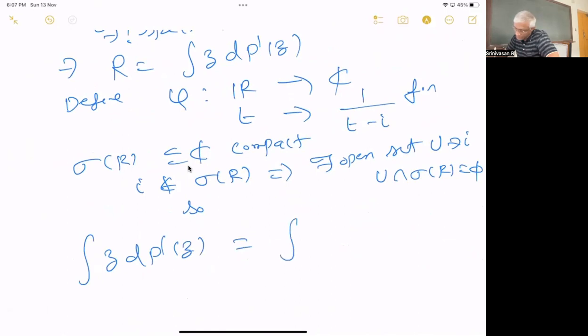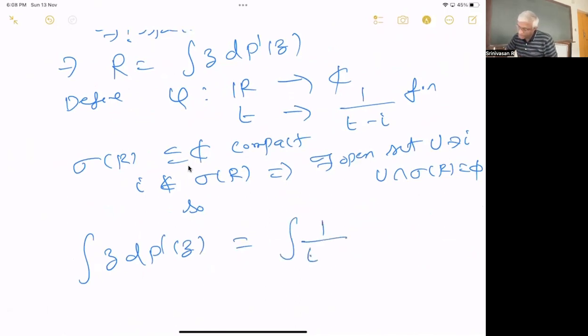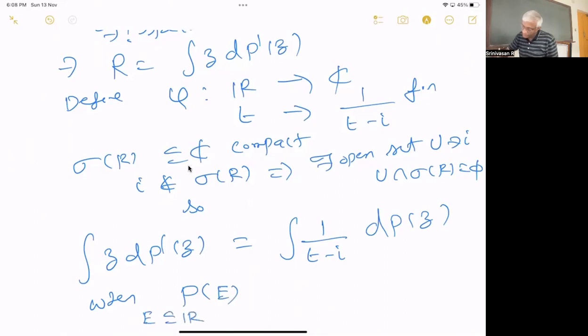That I want to say is equal to the integral of 1 over (p minus i) dP(z). Where P of any set E contained in R is equal to P prime of phi of E. I mean, notice that phi is a one-to-one function between the domain and range. I mean, it's an invertible function between the domain and range.